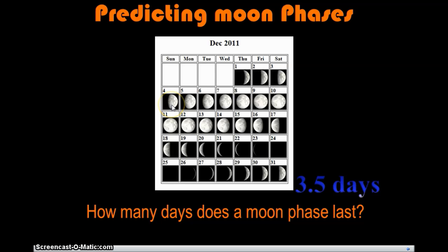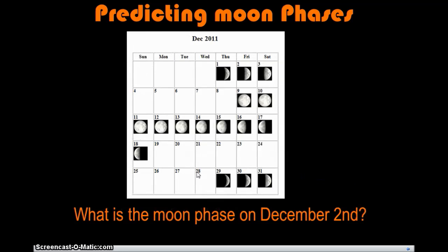Here's a waxing gibbous, lasts about 3.5 days, and then we have our full moon, which is about 3.5 days, and then we have our waning gibbous, which is about 3.5 days, and then we go to our last quarter, and then we have our waning crescent, which lasts about 3.5 days, and then our new moon. And so each moon phase on a calendar lasts about 3.5 days.